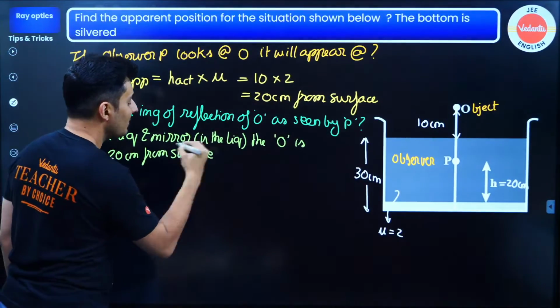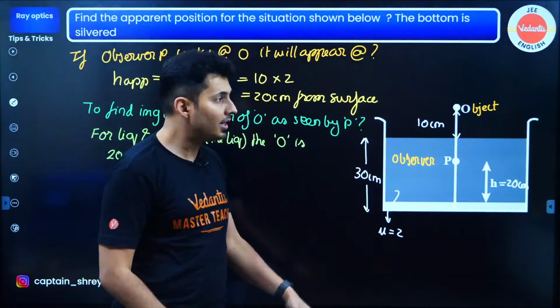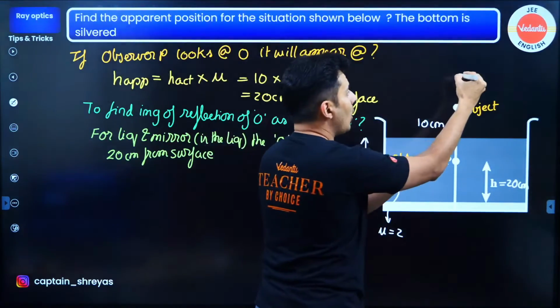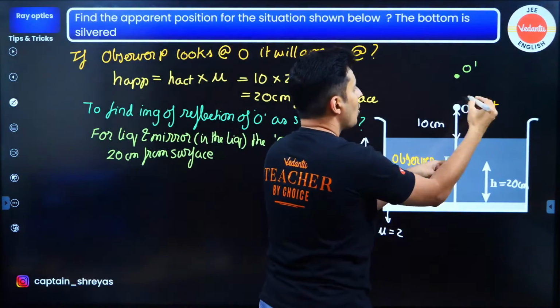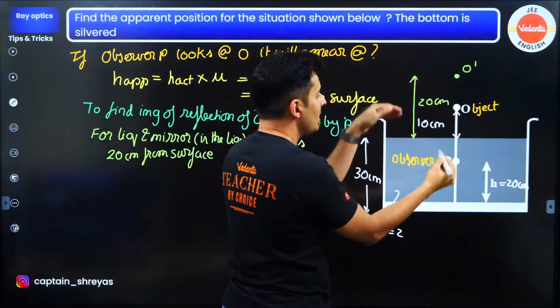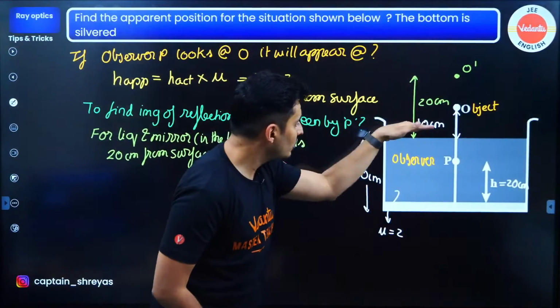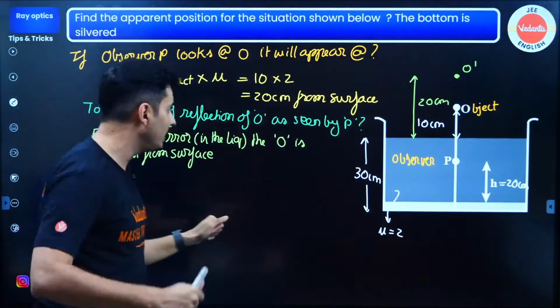It is 20 centimeters from the surface, everybody. If it is 20 centimeters from the surface, this object appears to be over here, O prime or O1, whatever you want to call it. Strictly speaking, from the mirror, it is 20 plus 30, which is 50 centimeters.